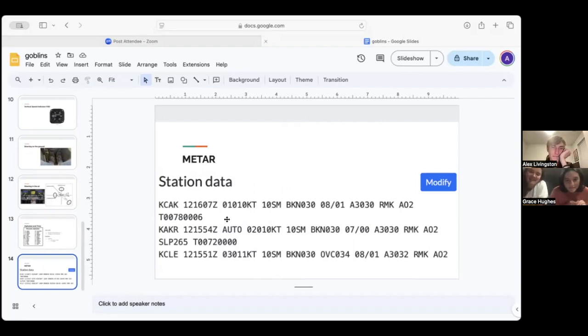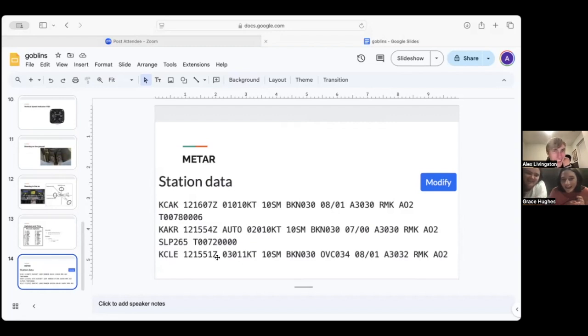Kent State? Close. Kent College. Ignore the K. The K is just before any airport in America. CAK, Cincinnati? Ignore the first two also, because these are local airports.